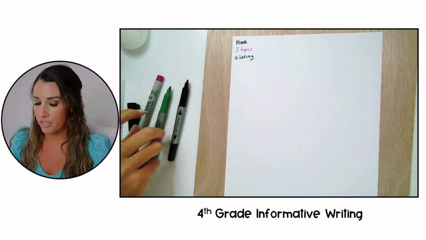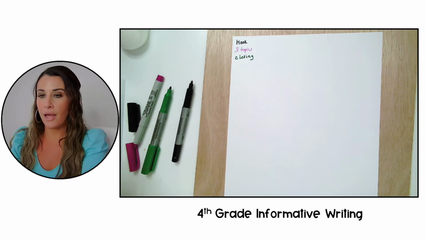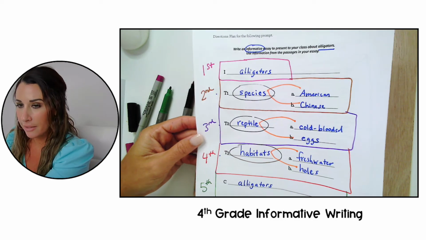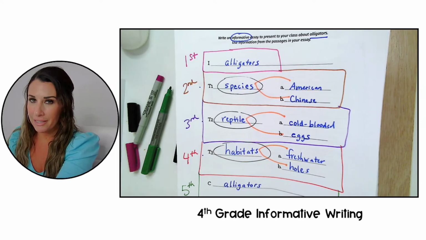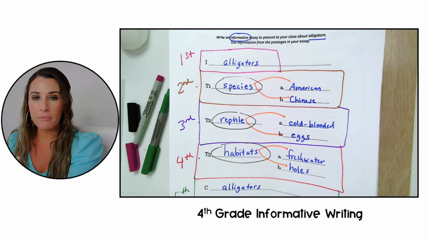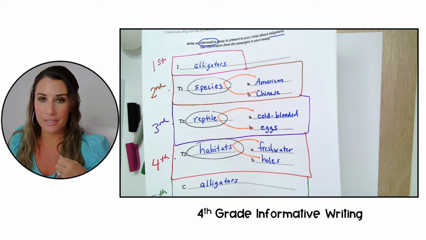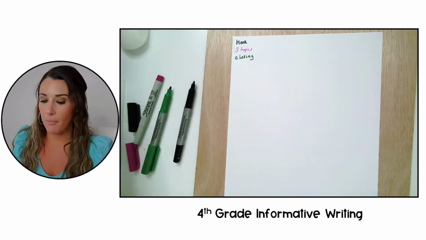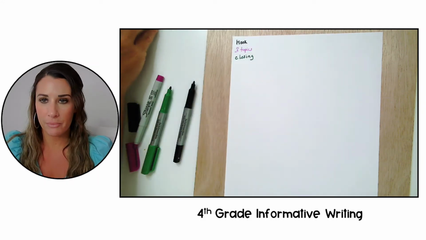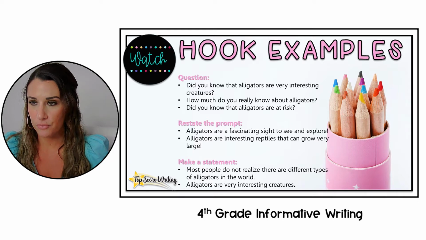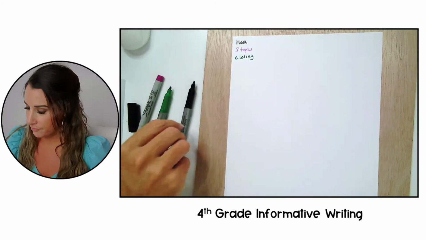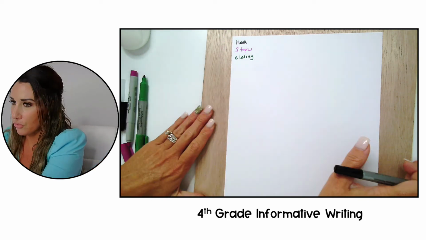Now, I'm going to start with my hook. Remember that my topic is alligators. I have my planning here, so I need to ask a question or make a statement, some type of hook to get my reader's attention and introduce the topic of alligators. So we went over some example hooks. So I'm going to use the first one. Did you know that alligators are very interesting creatures? I'm going to use that question. So I'm going to indent.